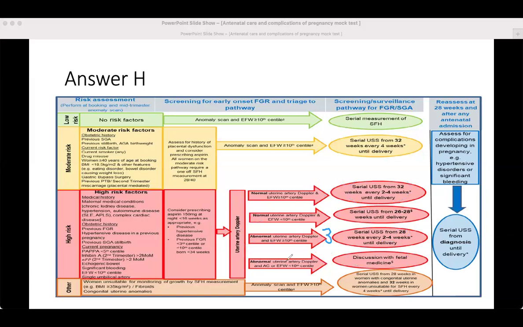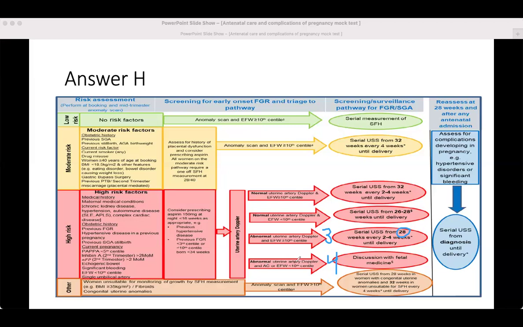Or is it abnormal uterine artery Doppler with a small size baby, less than 10th centile? This is condition number 4. So you need to check in the case. If it is normal size and abnormal Doppler, the serial ultrasound starts from 28, every 2 to 4 weeks until delivery.